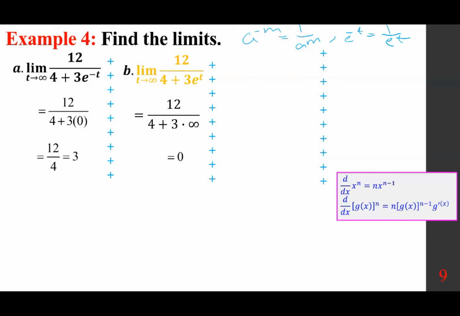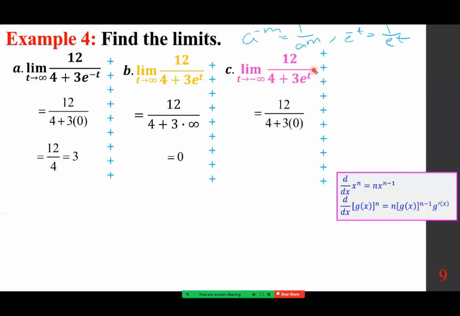This question, part C, when you plug in becomes the same as part A. Everybody take a look. In this case, e to the power of minus infinity, which is 0. 12 divided by 4 is 3.